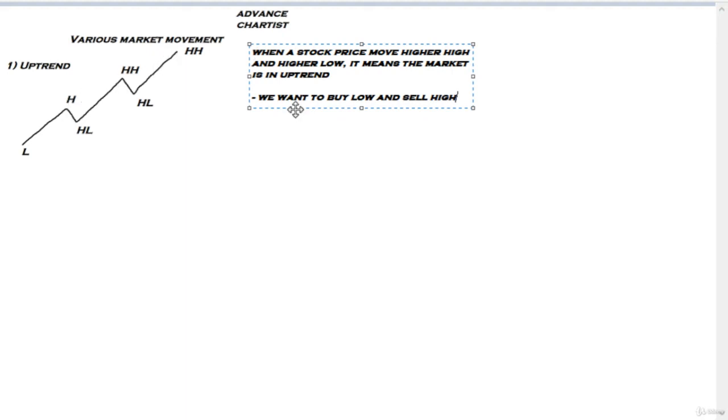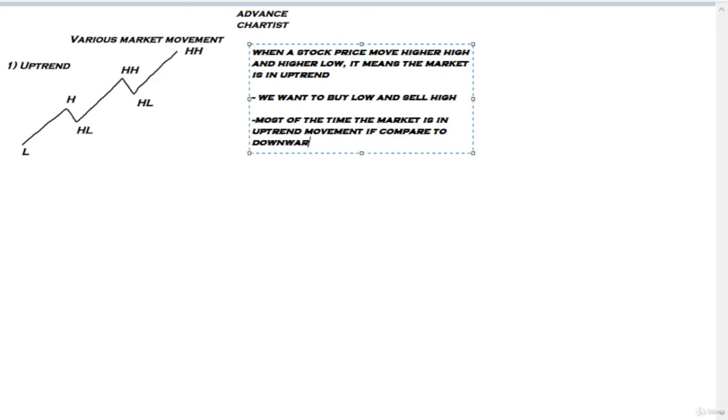Why do we want to buy low and sell high? Because when the market moves in an uptrend, most of the time the market is in upward movement, compared to downward movement.